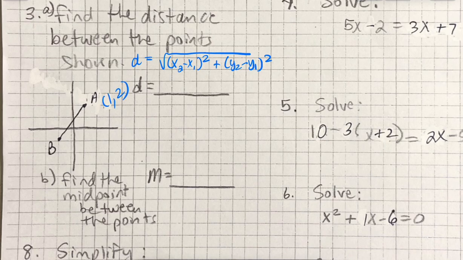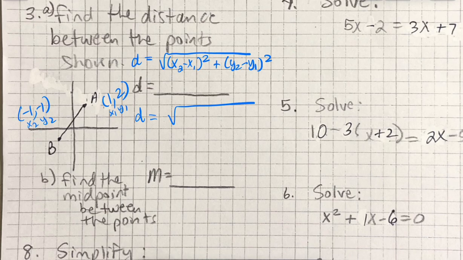So it's the point 1, 2. And then B is the point negative 1, negative 1. It doesn't matter which one you call your x2 or your x1, as long as you're consistent about it. So I'm going to label this x1, y1, and this x2, y2. Again, doesn't matter. Just be consistent. You'll be fine.